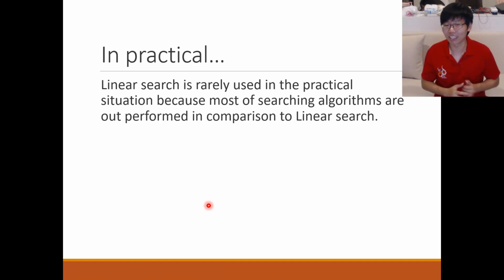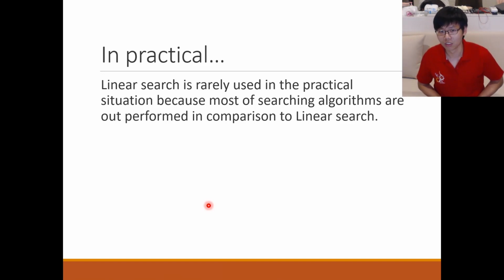Practically speaking, in real-life applications, normally you're not going to see linear search, because most of the searching algorithms that we use today outperform linear search. As I said, linear search is easy to implement, but at the same time it's quite stubborn.